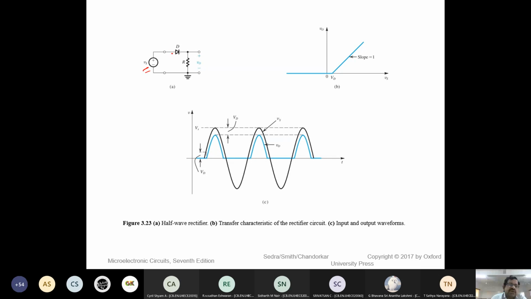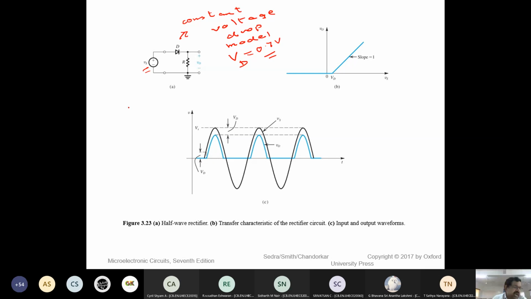But if it is a practical diode, which is the constant voltage drop model, then the forward voltage drop will be 0.7 volt typically. So the diode will start to conduct only when Vs is equal to or greater than 0.7 volt.